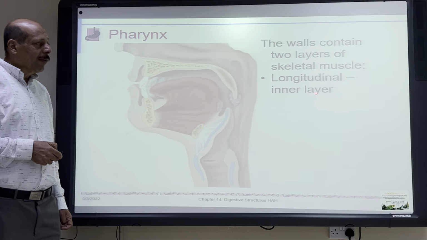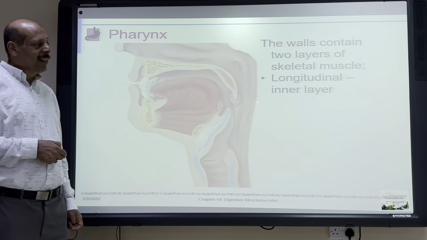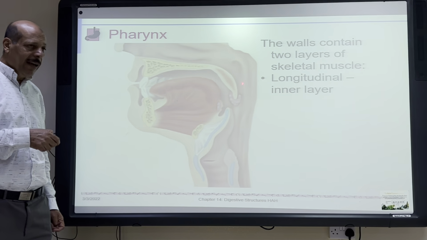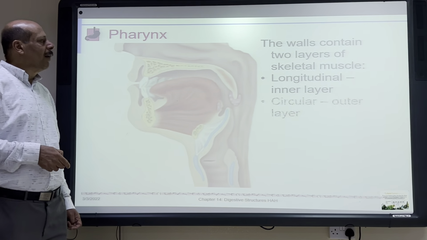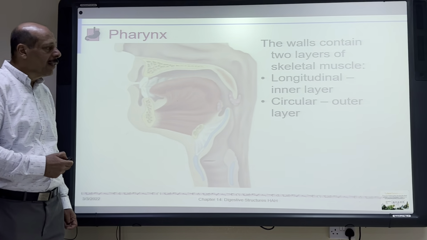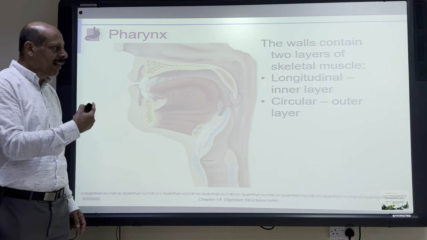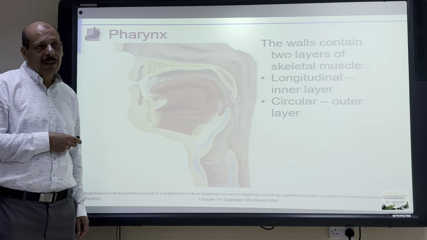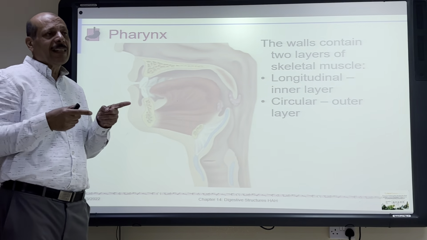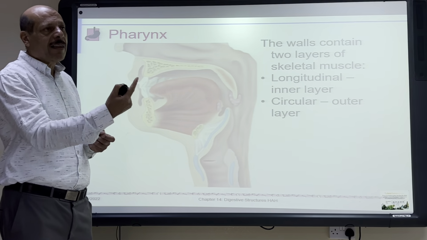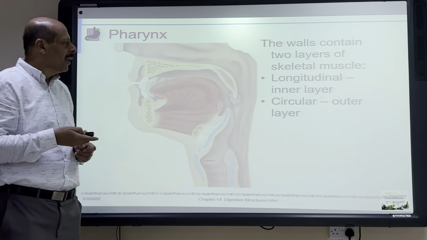Longitudinal, which is the inner layer, and circular, which comes as a circle, which is the outer layer, to keep it as a tube. So we have 2 layers of muscles. One is longitudinal and the other is circular layer.